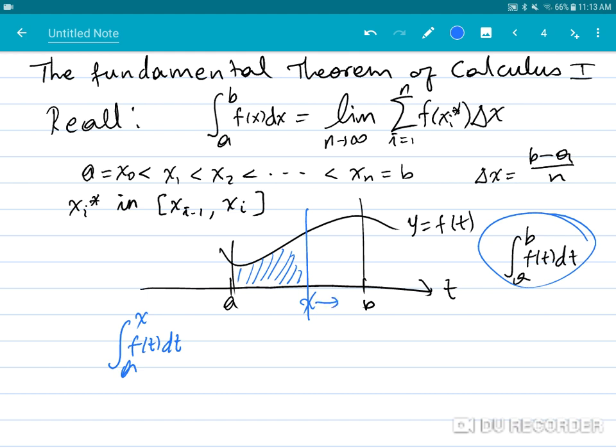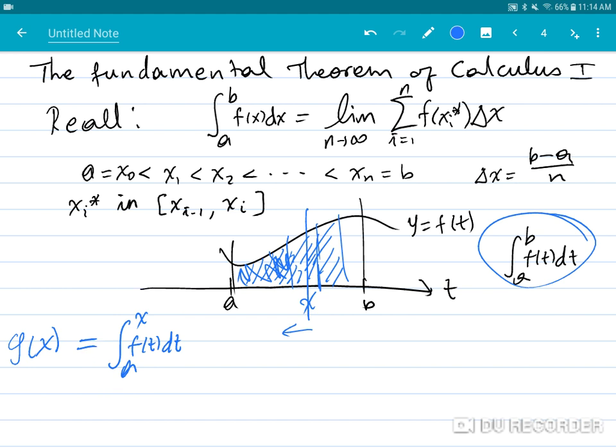Now if you move x over to the right, you would be changing the area. Or if you move x over to the left, you would be changing the area. So this is a function of x. You can call it g of x. As x changes, this value changes. That's why it's a function of x.